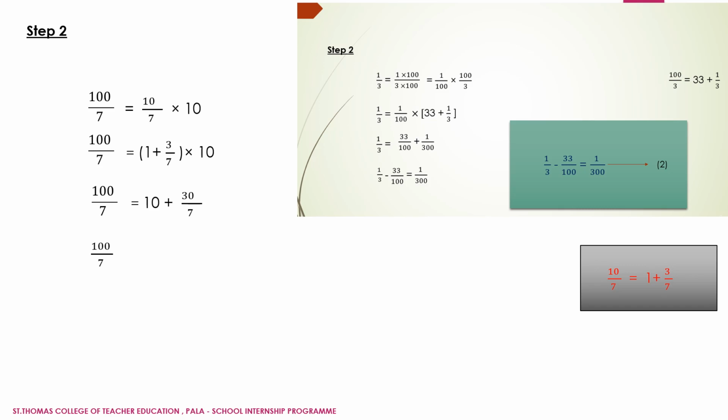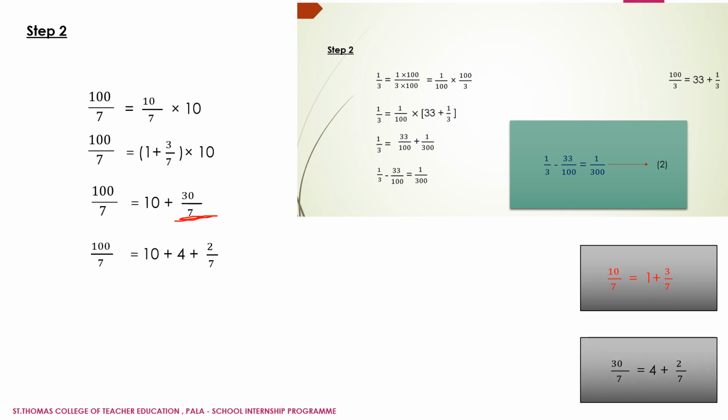Yes, now we are concentrating on this 30 by 7. Okay, so we are doing a calculation to find 30 by 7. Here I have written 10 plus 4 plus 2 by 7. How we got this? Yes, dividing 30 by 7 we get 4 plus 2 by 7.